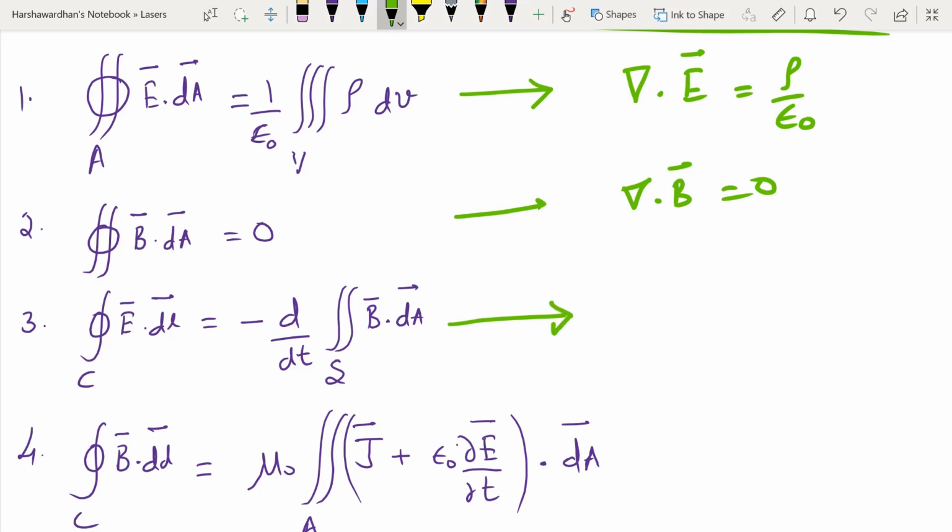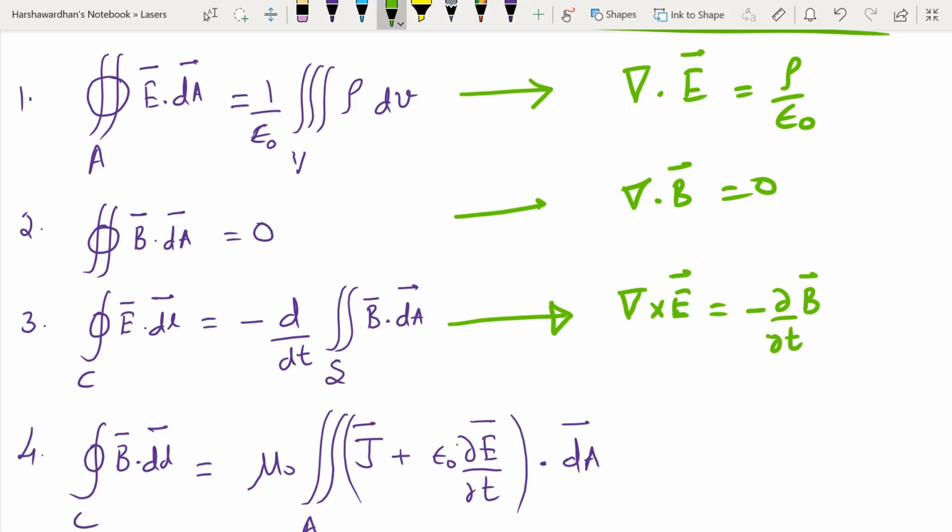The third integral, again, remember that on the left hand side your E dot dl is essentially an open surface integral of a curl, so that gives me curl of E being equal to minus dou by dou t of the magnetic field. Again, we look at only the integrands, and we find that both the integrals are of the same kind.